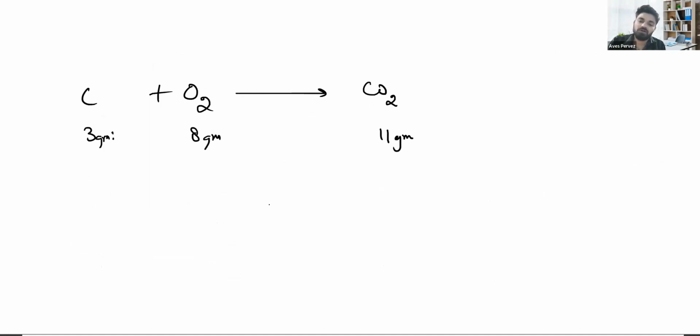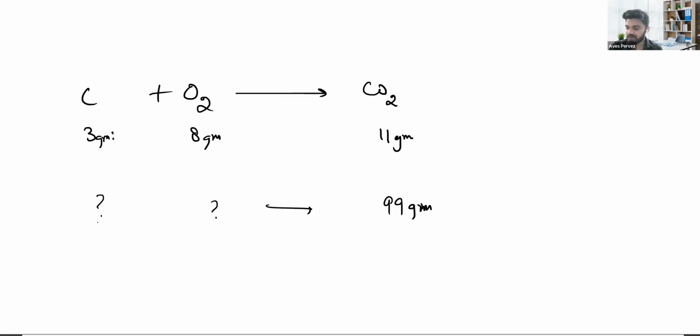So if I'm having 99 gram of carbon dioxide, then how much amount of carbon and oxygen will be required to form 99 gram of carbon dioxide?